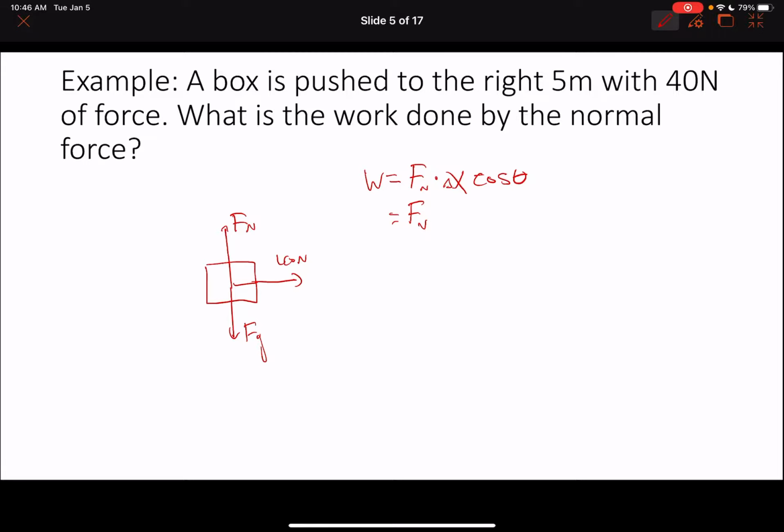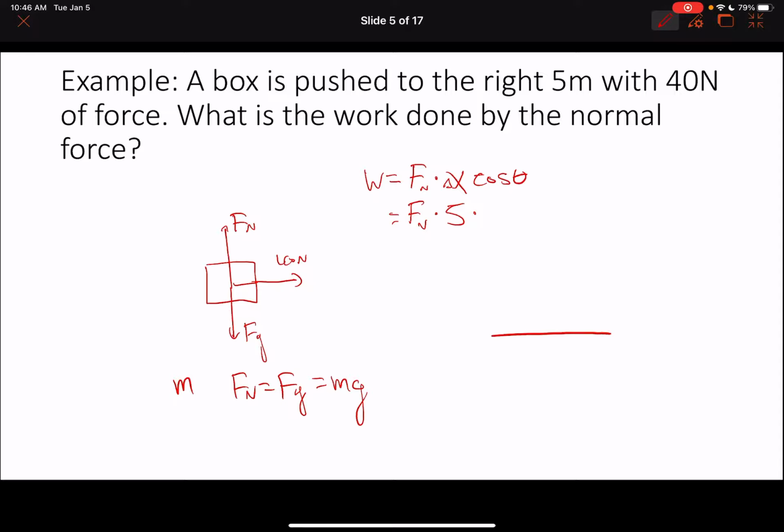Remember that if I gave you the mass here, you would know that the forces are balanced. And so in this case, Fn is equal to Fg, which is equal to mg. And so you could calculate the normal force, but I actually didn't give you the mass. Let's see if we can solve it anyways. Delta x is 5. And cosine, well, what is the angle between the two forces?